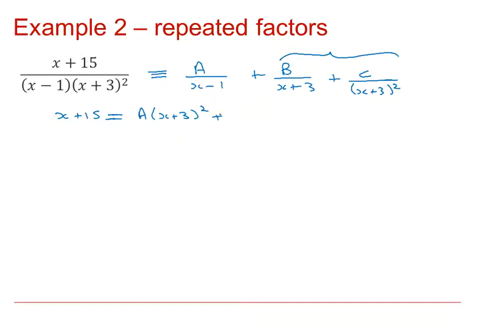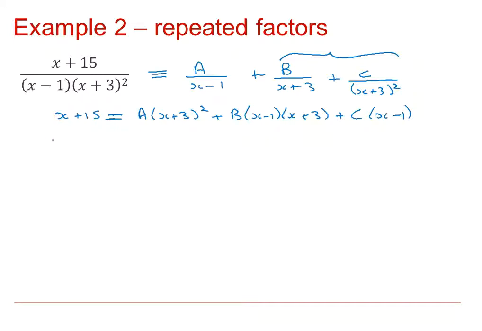Moving on to the next one, when I multiply b over x plus 3 by (x minus 1)(x plus 3) squared, one of the x plus 3 factors cancels out and we're left with (x minus 1)(x plus 3). And when I multiply c over (x plus 3) squared by (x minus 1)(x plus 3) squared, (x plus 3) squared cancels out and you're left with c lots of x minus 1.